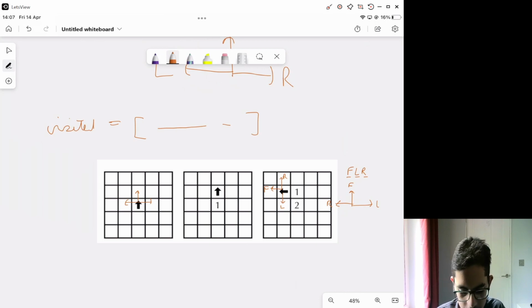And then for this visited array, if the next coordinates inside the explorer's path, according to the commands, are within the visited array, then we know that that next set of coordinates is not valid. Hence, what we do is turn right, because that's what the question requires us to do. Every time we encounter a pair of coordinates which we've already been through, we turn right 90 degrees, and we continue doing this until we find a square.